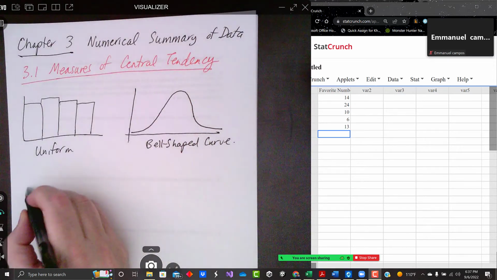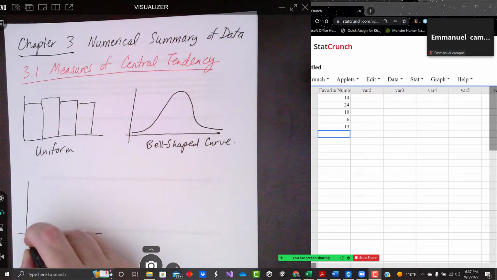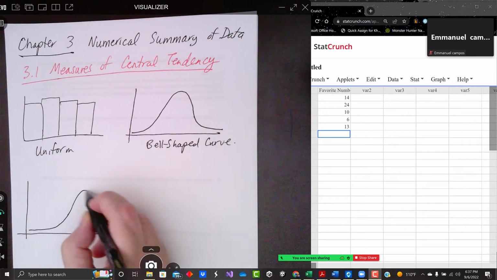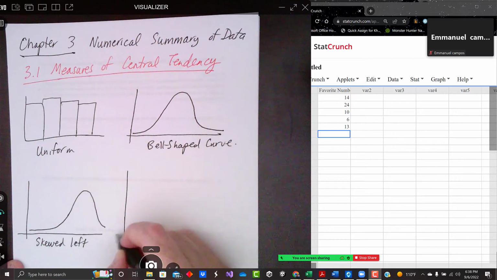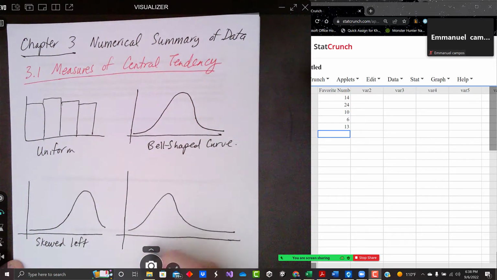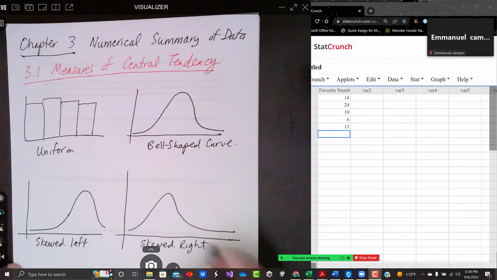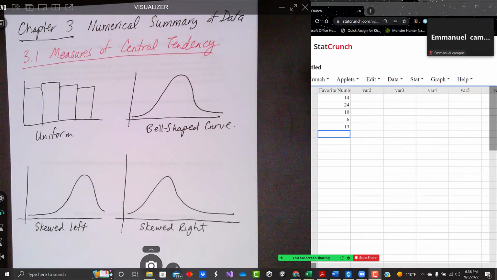And we had our skewed right and skewed left. I'll do skewed left first, and skewed right. These are the 4 main shapes we'll see with data.